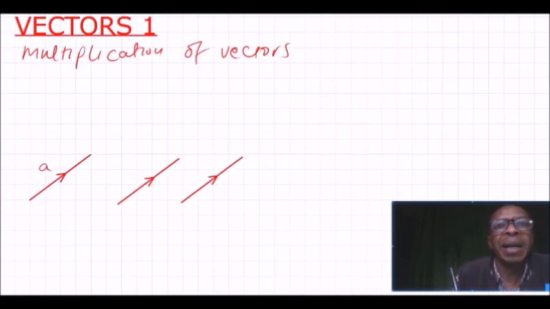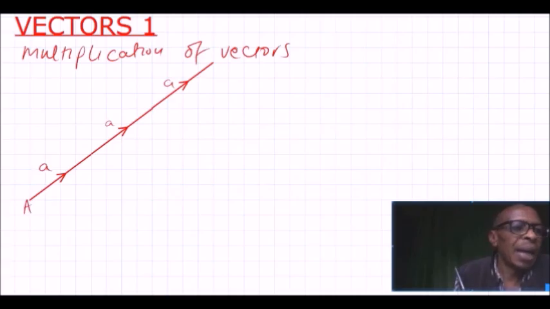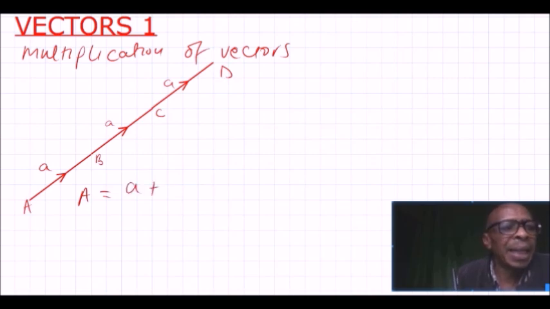If we combine these 3 vectors, we bring our A here, we take another A there, and we take this other vector and say it is our A, so we have combined. If we label the points A, B, C, D, we can say that the complete vector AD is equal to A plus A plus A.